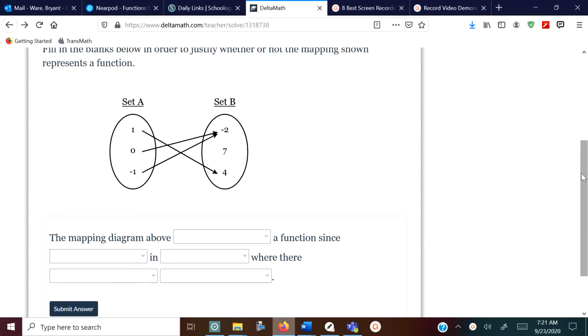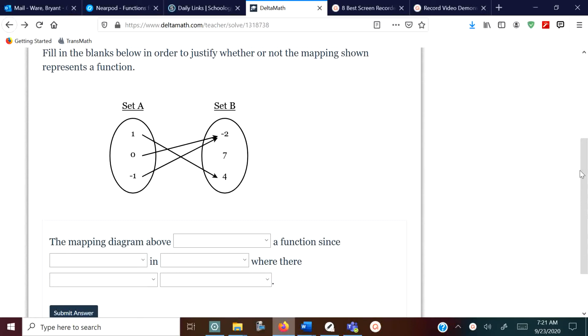First, is it a function or is it not? Since it doesn't have two lines here, we can determine that it is a function. So the first part of our fill in the blank is: the mapping diagram above represents a function. But then we have to tell why.